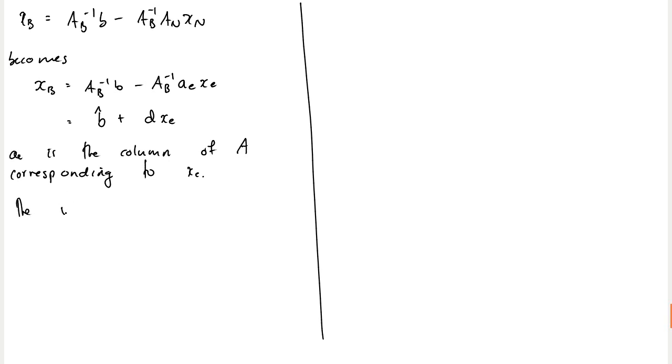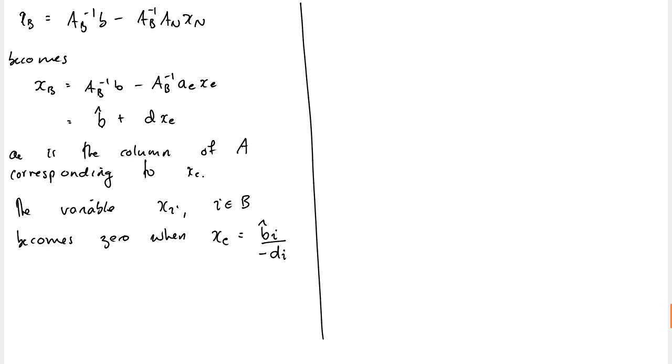Now, if we look at one of the basis variables, the variable xi for some i in the basis, it becomes 0 when, just solving the equation, xe equals b hat i over negative di. Basically we're looking at one entry of this vector equation, and seeing what value of xe will make the ith entry equal to 0.